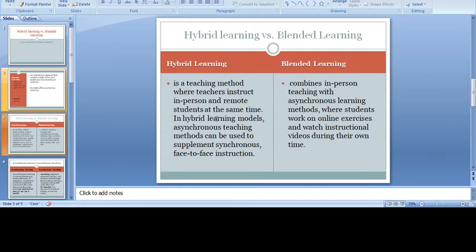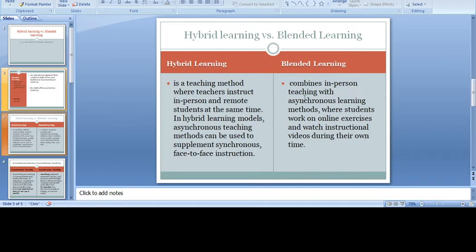In hybrid learning models, this is the same thing. What is the similarity between them? The similarity is the concept of the flipped classroom. A student decides their own pace and time for when to complete their task.